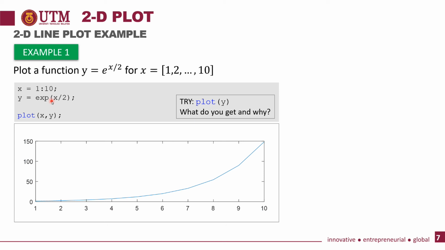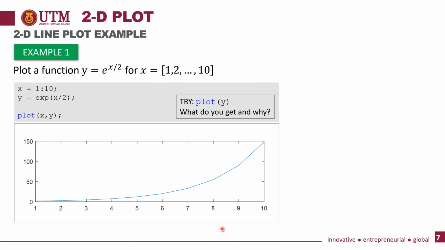In this example we are plotting using two variables, plot x and y. But can you try to plot only y? What will happen, and what are the differences between those two?